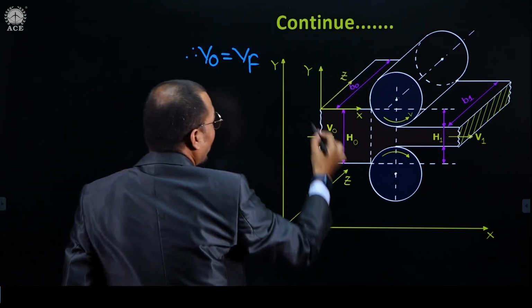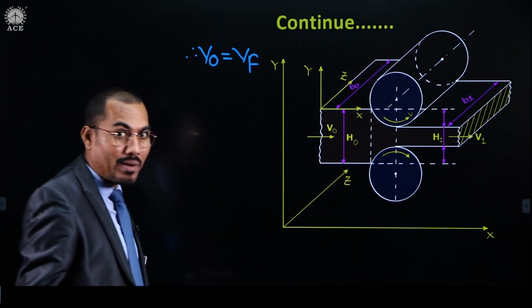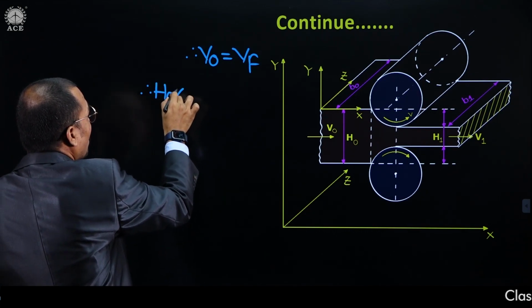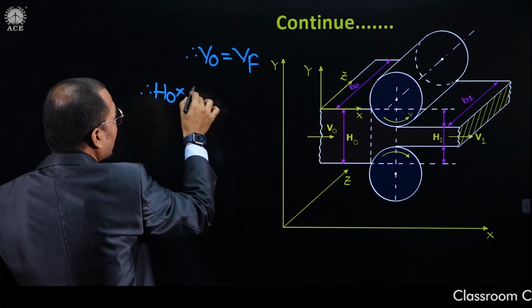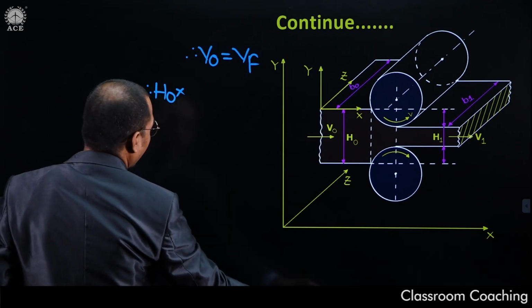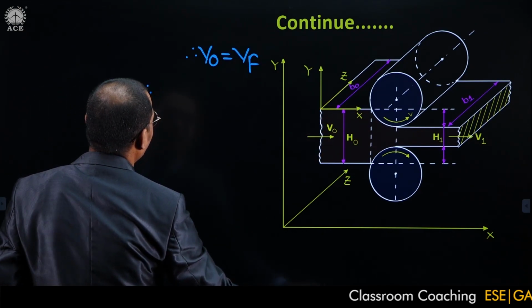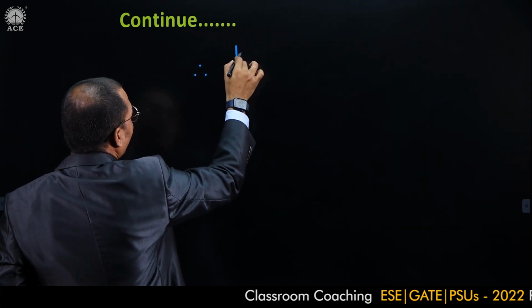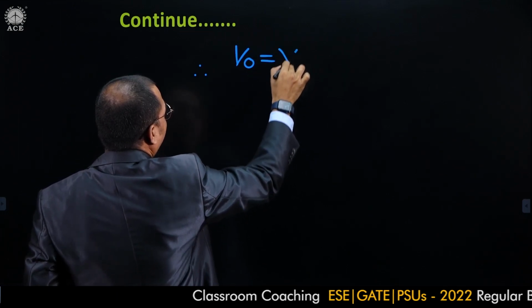If this is the body, what is the volume? Thickness, width multiplied by length. So V naught is equal to V final.